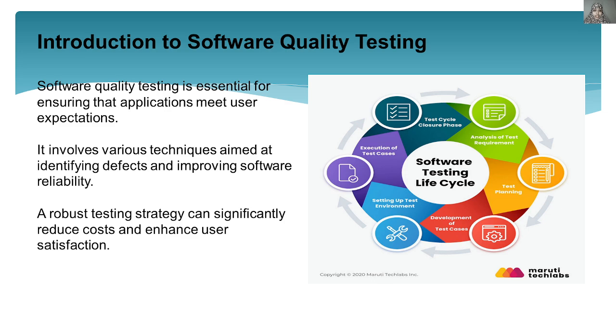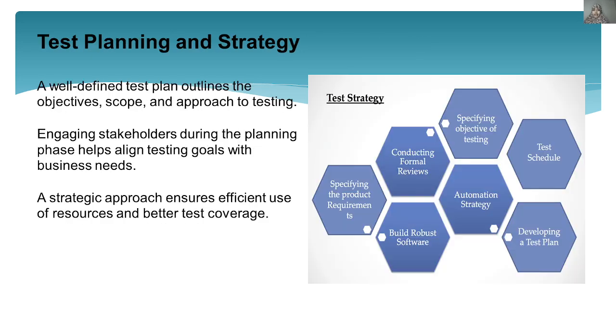You will analyze what is actually required in this testing. Then test planning, development of test cases, setting up the test environment, execution of test cases, and the test cycle closure phase, wherein it is finally happening. It's like that.